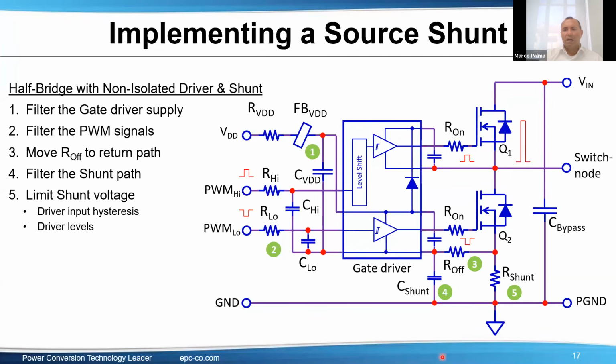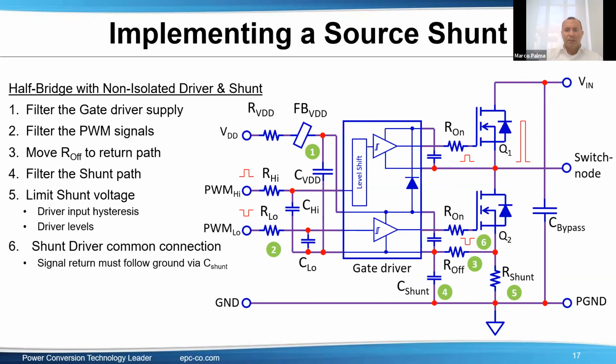And especially in motor drive applications, it is better to use gate drivers also for GaN that have a different ground connection. Lastly, we still need to keep an eye on the common source connection point, as multiple paths can exist and must be taken care of in the layout.